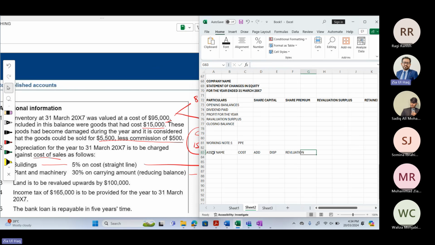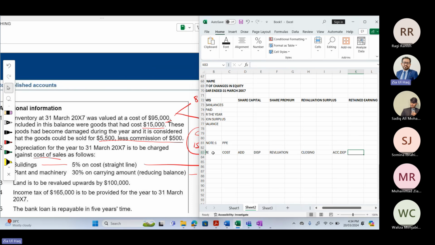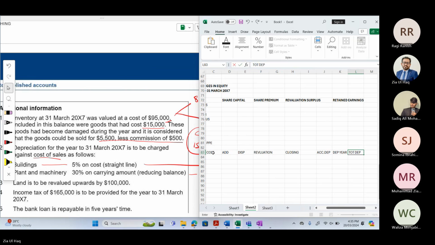And then we can calculate what? Closing cost, or accumulated depreciation, depreciation for the year, total depreciation, and we need to calculate written down value.